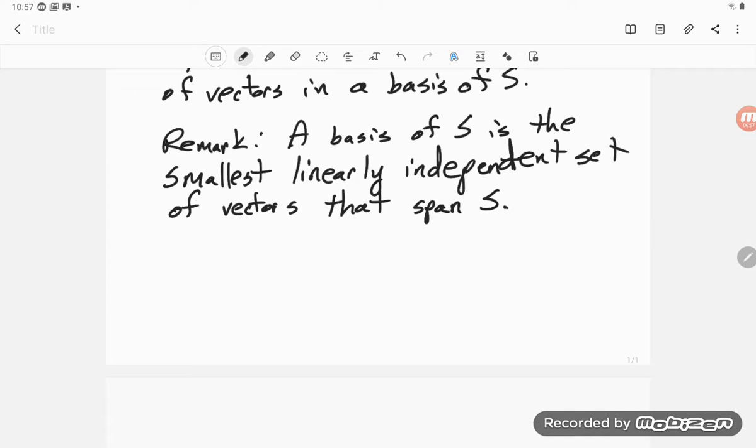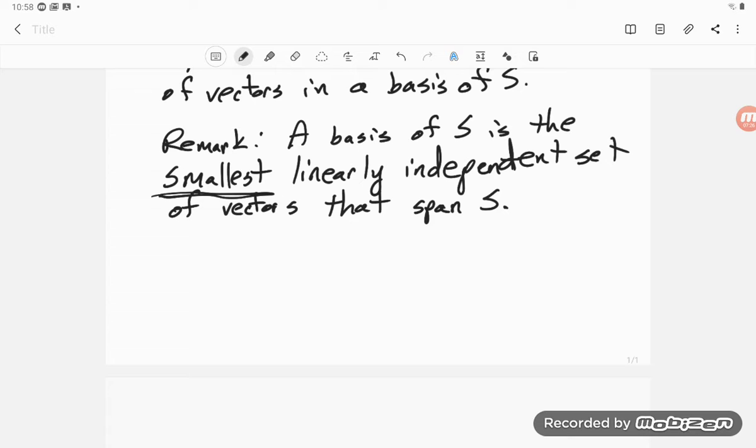The idea here is if I have anything smaller, it won't span S. I can't have anything bigger and still have it independent. But if I take any set that's smaller that's linearly independent, it won't span S. So it's the smallest I can have.